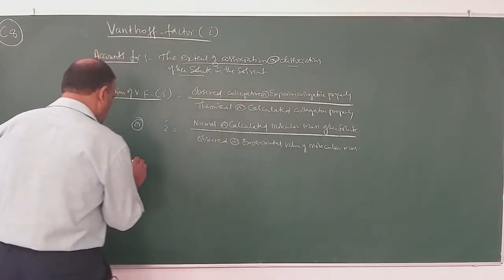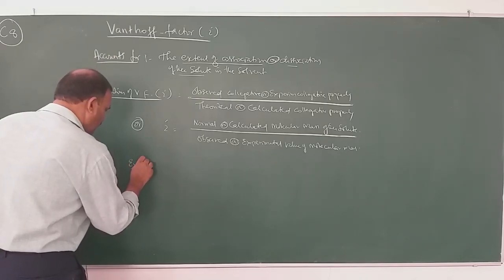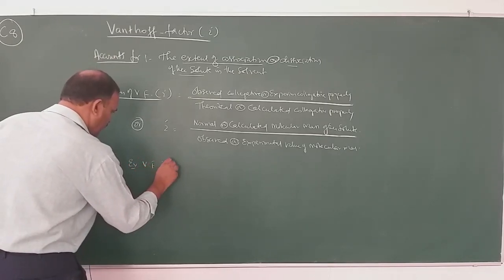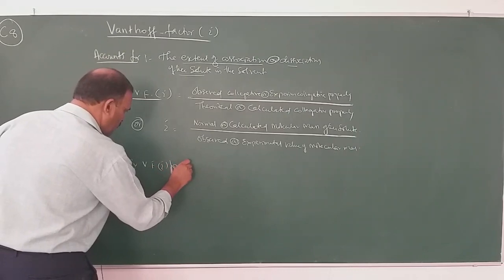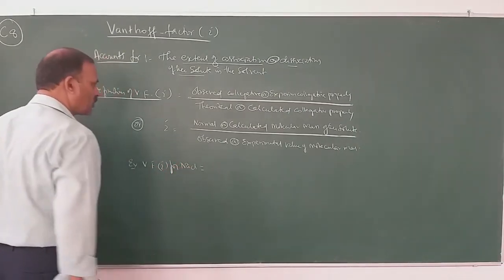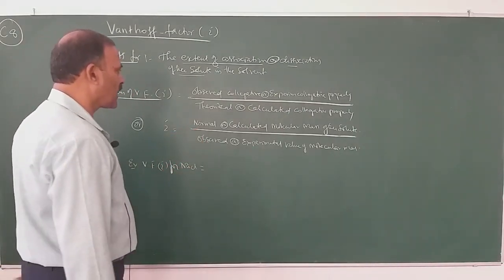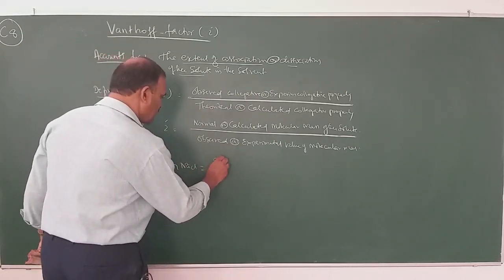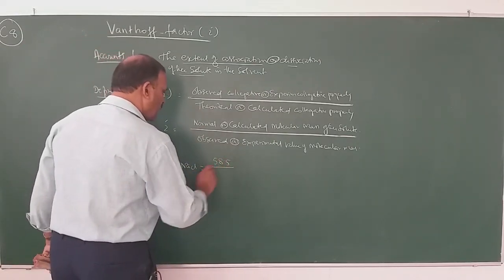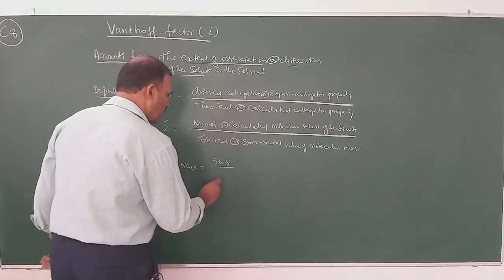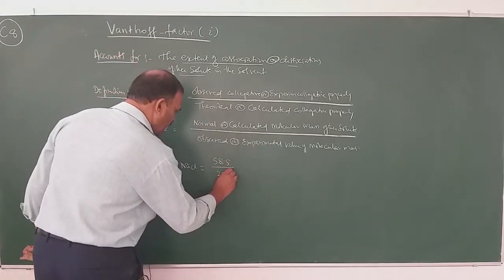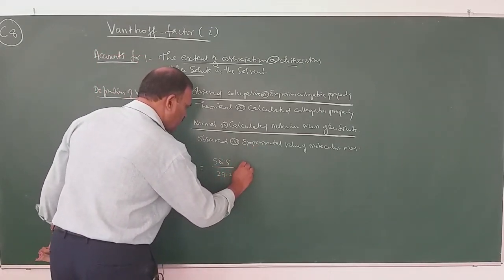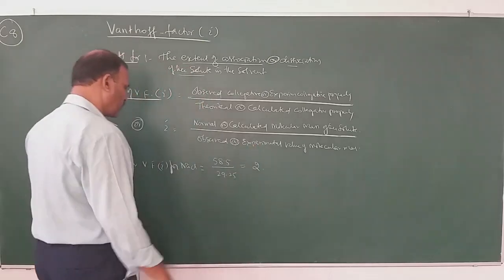For example, the Van 't Hoff factor i for sodium chloride is equal to, what is the normal or calculated molecular mass? It is 58.5. What is the observed or experimental molecular mass? This is 29.25. What is its value? It is equal to 2.